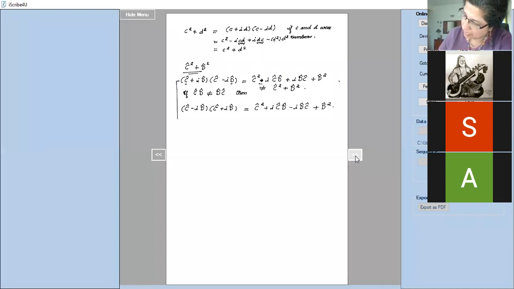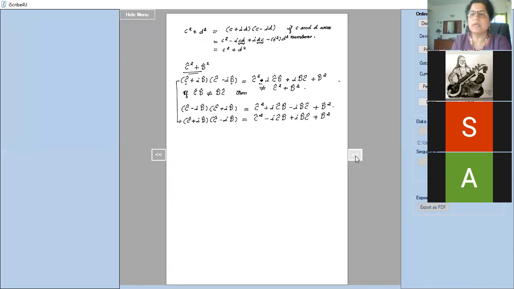Let's put this guy here. This is C plus iD into C minus iD is equal to C square minus iCD plus iDC plus D square.